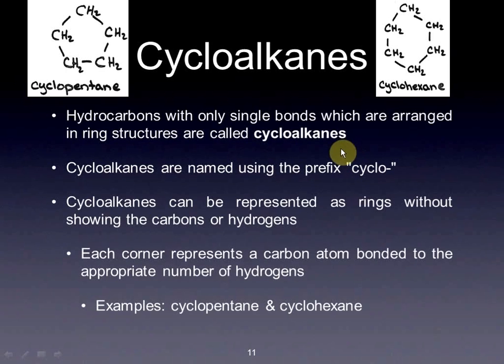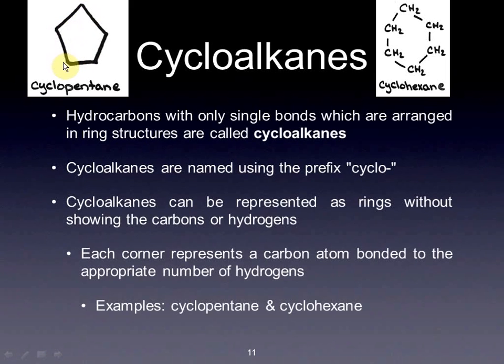Notice that each carbon atom in the condensed structural formula is still bonded to exactly 4 other atoms. With cycloalkanes, we can further condense these structures and only draw the geometric shape that the carbons make. Each corner in the pentagon of cyclopentane represents a carbon atom bonded to the appropriate number of hydrogen atoms.